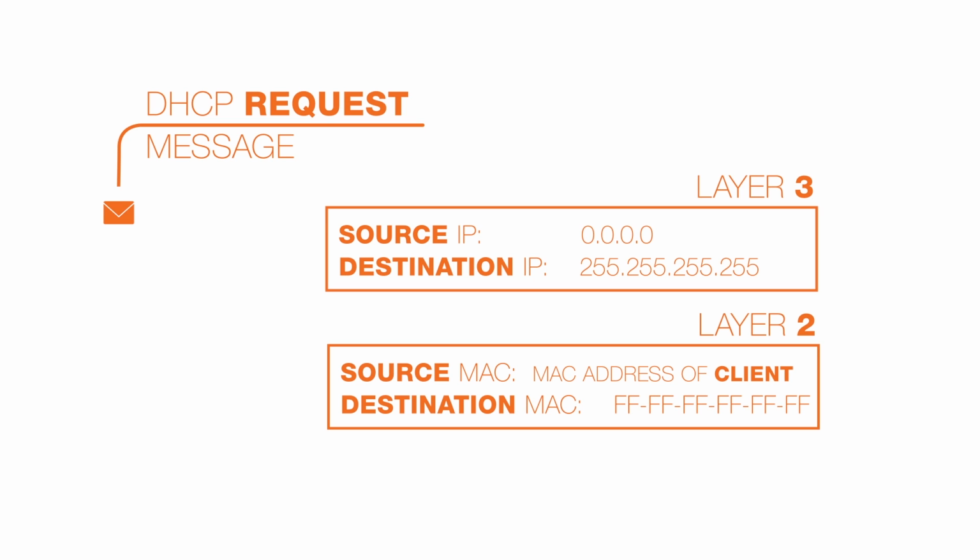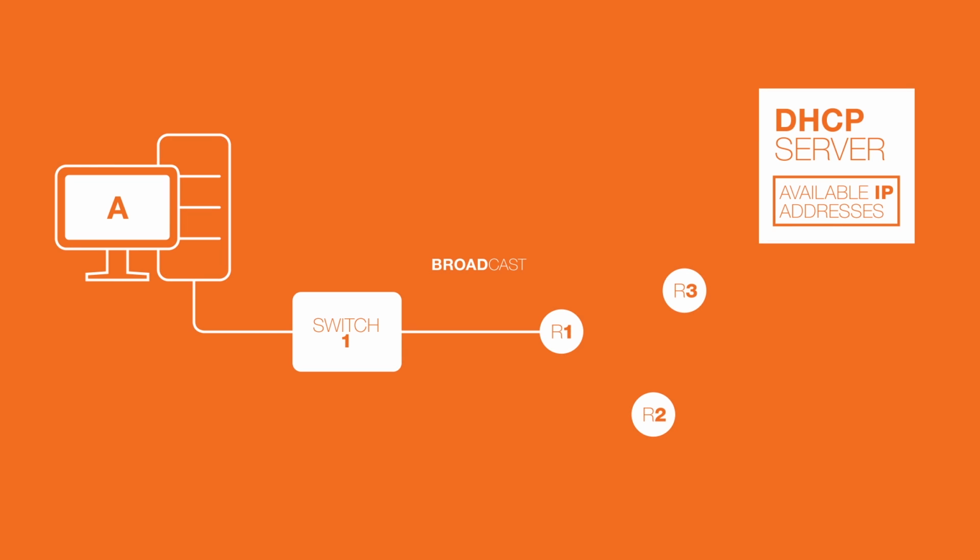However, the client can't send unicast messages since the client doesn't yet officially have the address. So the client has to use the unspecified quad 0 address as the source and a broadcast address as the destination. Once again, the relay agent turns this into a unicast and sends it to the DHCP server.